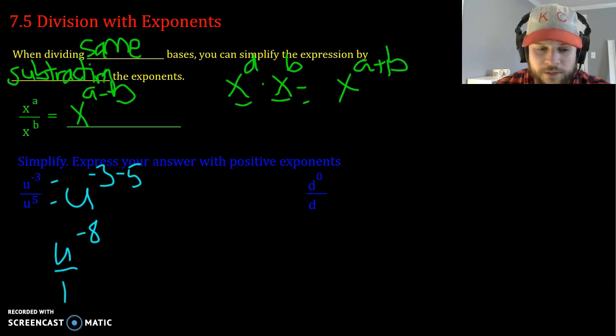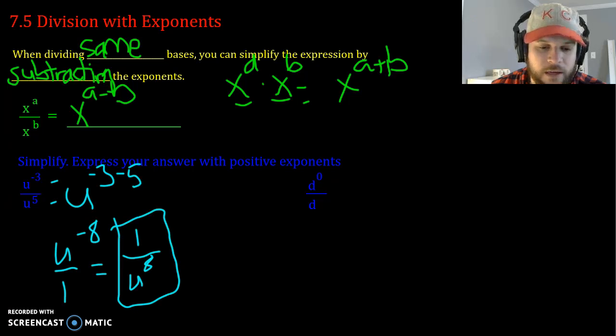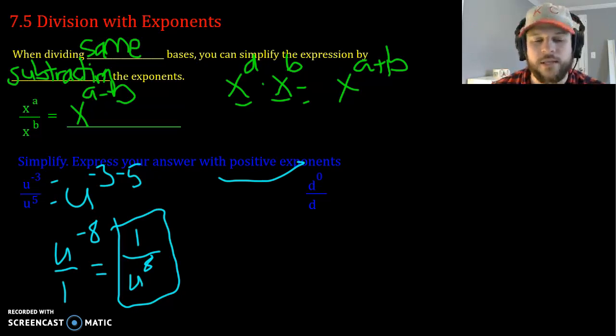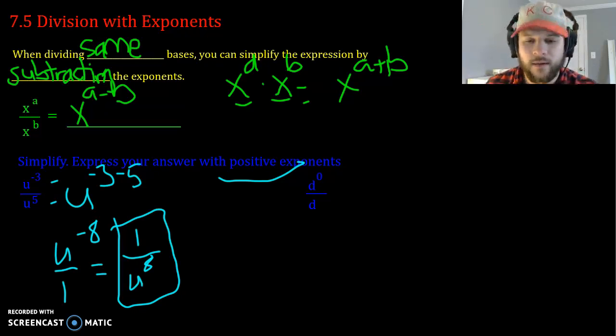We need to move this entire term into the denominator and change our exponent to be a positive. So this is how everything needs to be simplified so that you have your positive exponents. It's just in a different position. You cannot leave it as u to the negative 8 if the directions say positive exponents.